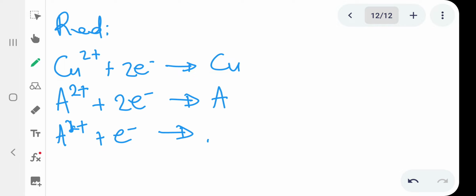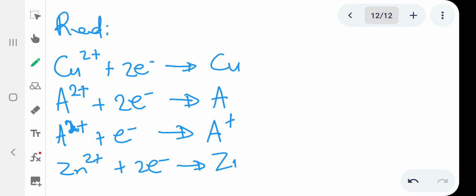This would give us A plus, because the negative would cancel 1 positive on the oxidation number of A. Another example is zinc 2 plus gaining 2 electrons, which would give us zinc metal.